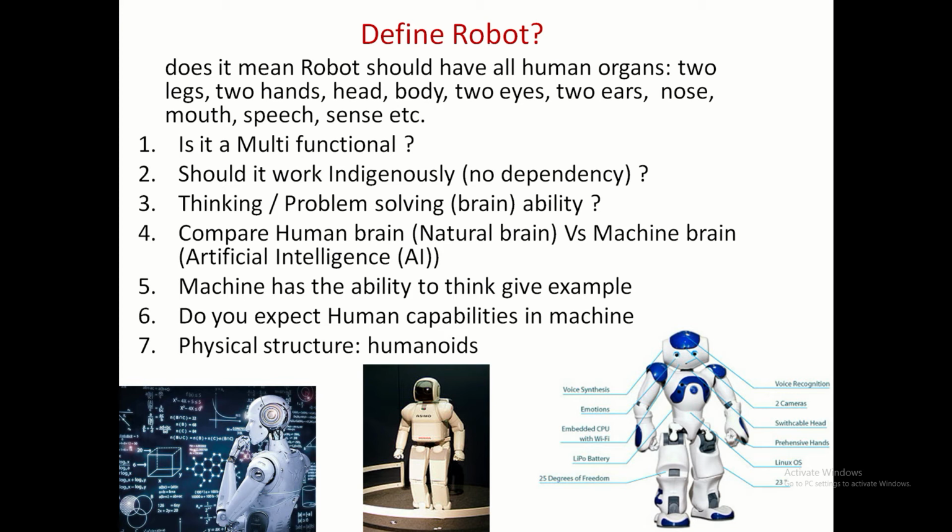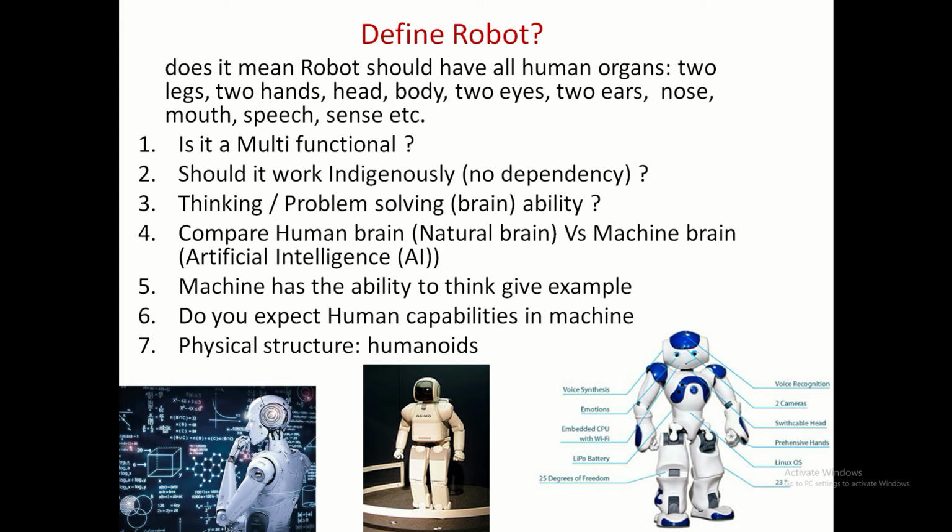So if those kinds of operations are getting done by a machine, then yes, it's a robot. Not necessarily does it look like a human being. It may be just one hand. Maybe one hand doing multiple things is also called a robot. I will show you some videos of how industrial robots look.